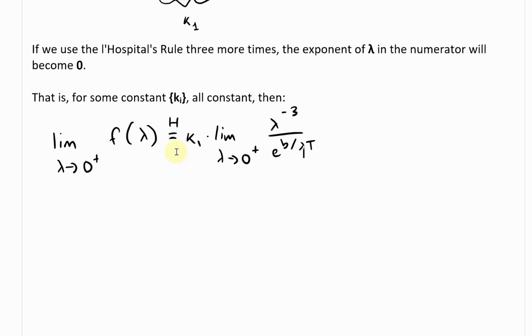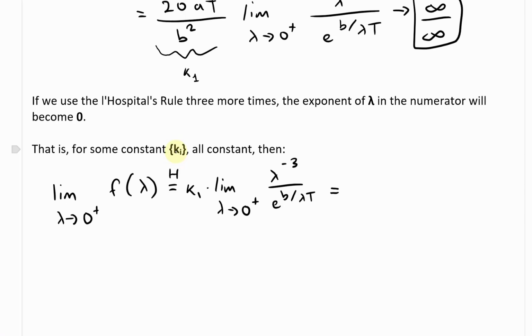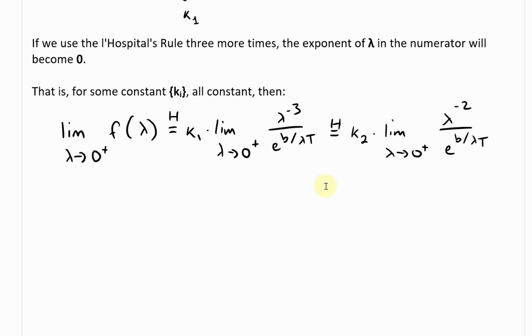Then if we apply L'Hopital's rule again, this equals k2. So we're going to have another constant times the limit as lambda goes to 0 plus, from the right side, of lambda to the power of -2, and the denominator is going to be the exact same thing, lambda t, like that.